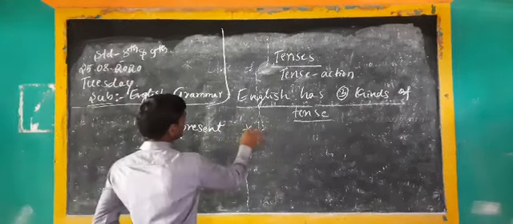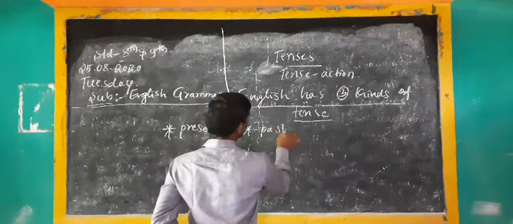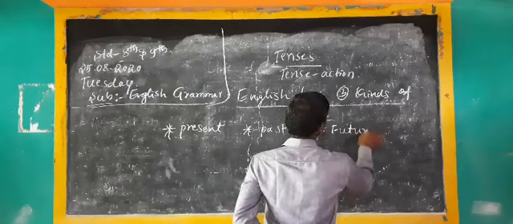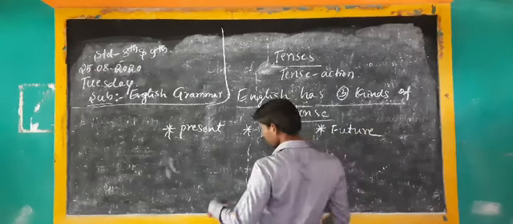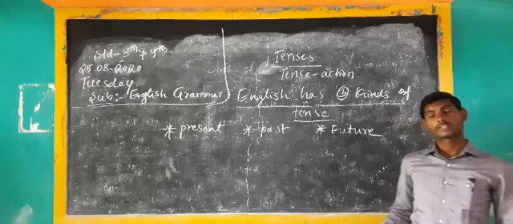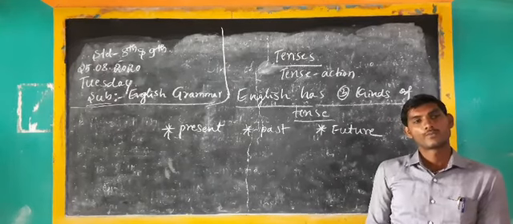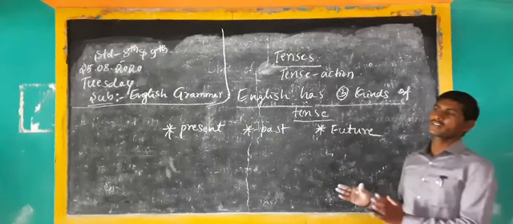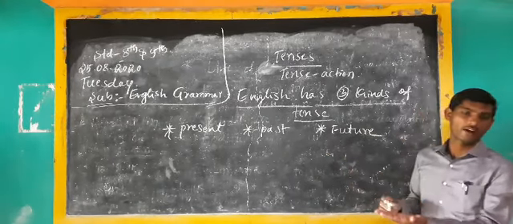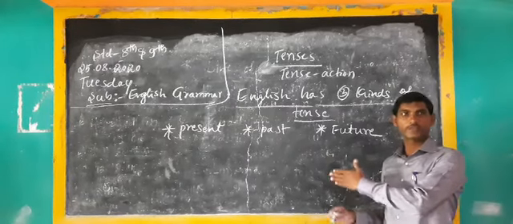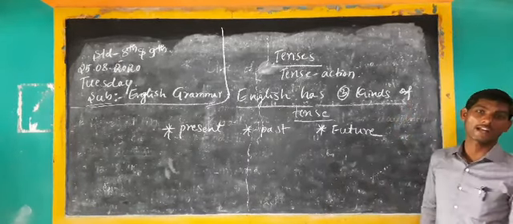Then past tense. The next one, future tense. In this tense chapter, we have to understand the present action compared with the past action. Both tenses or actions we have to compare with the future actions.